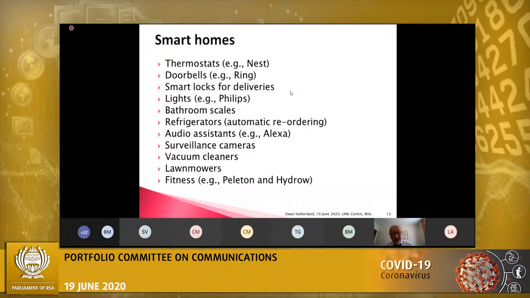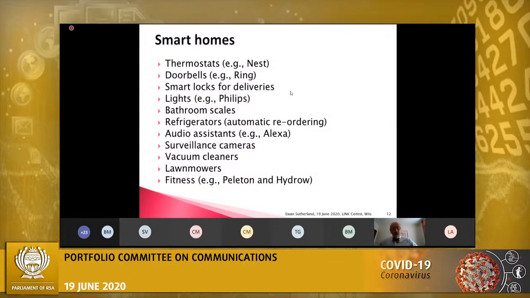Your bathroom scales connect to Wi-Fi so they can tell the app your weight, so that the app can then work out what your body mass index is and whether you should be doing something about it. Refrigerators will do automatic reordering, surveillance cameras, vacuum cleaners, lawnmowers, you name it, you can connect everything up.